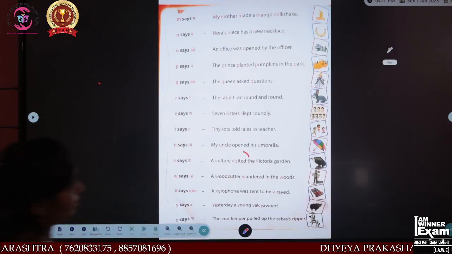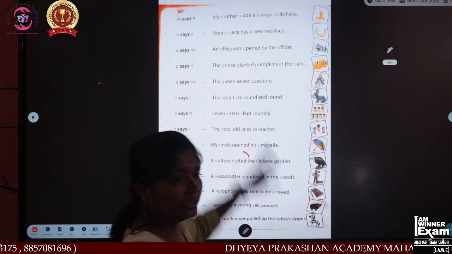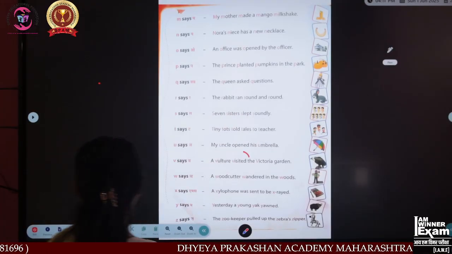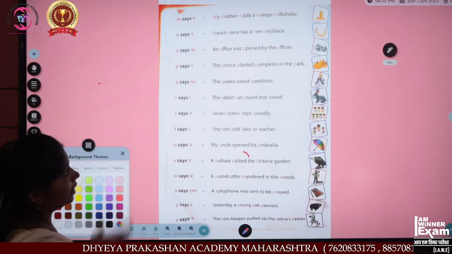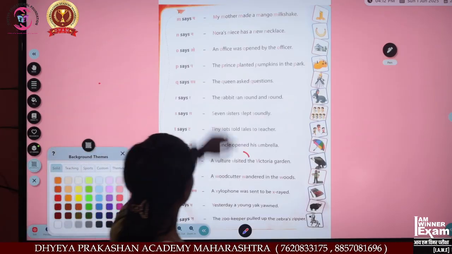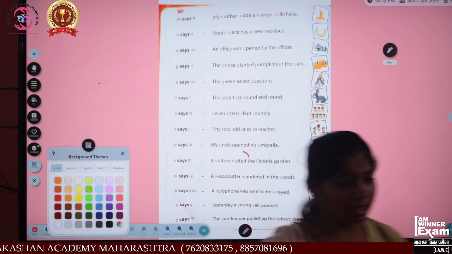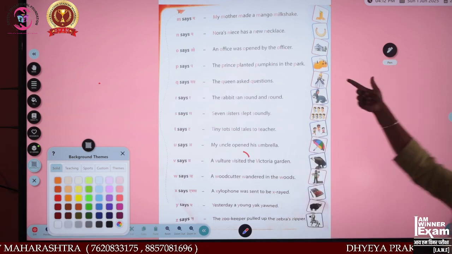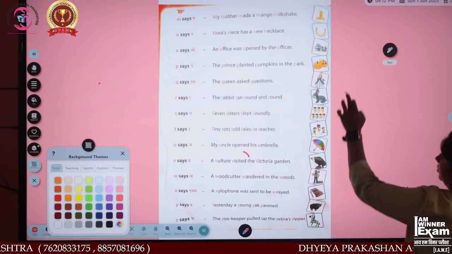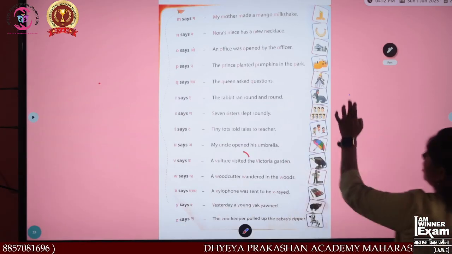Next page. M. M says M. My mother made a mango milkshake. In this sentence, what of M?